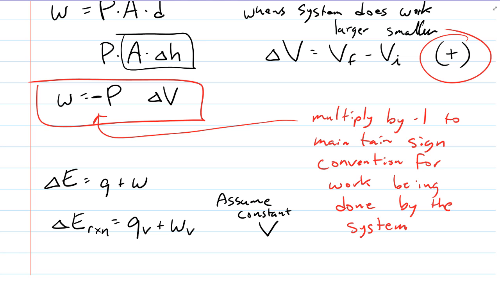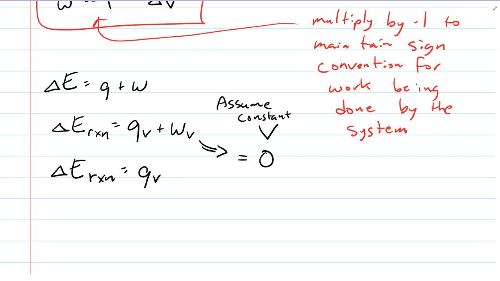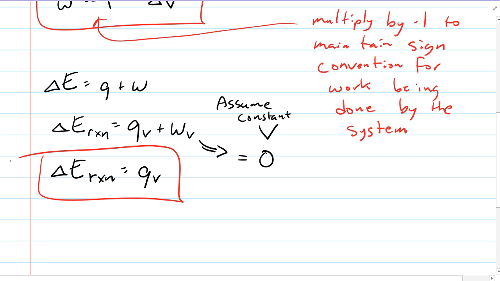Because if the volume is constant, delta V is equal to 0, and 0 times any number is equal to 0. What that tells us is that the change in internal energy for a reaction is equal to Q sub V, because the work term equals 0 as the change in volume is 0. So we have a simplified way to calculate the internal energy of a reaction.